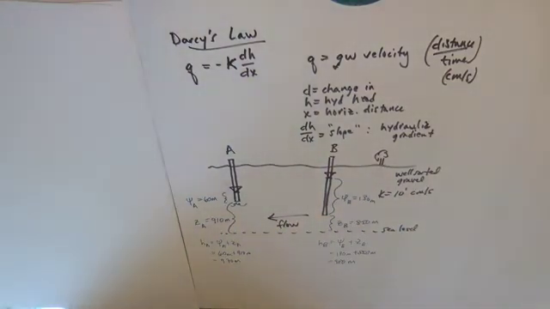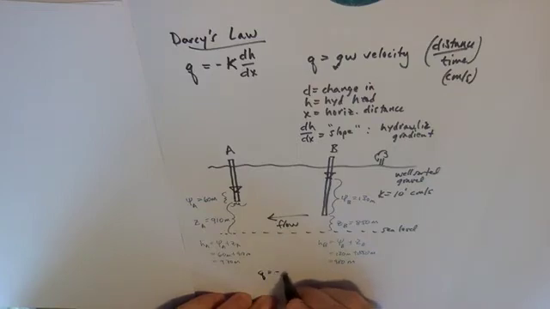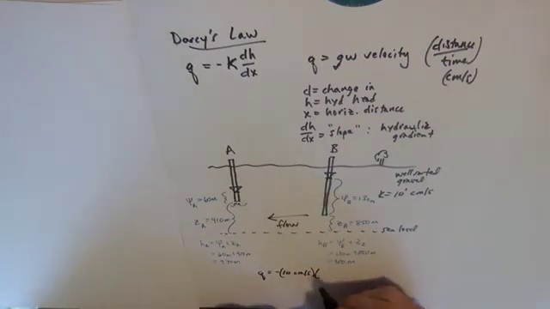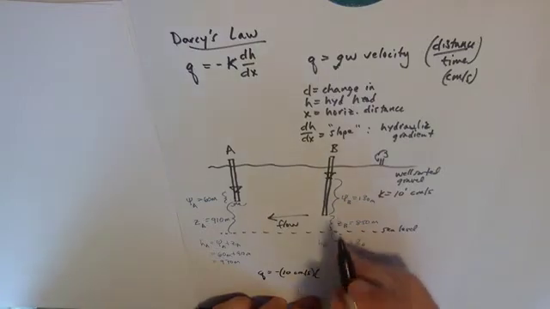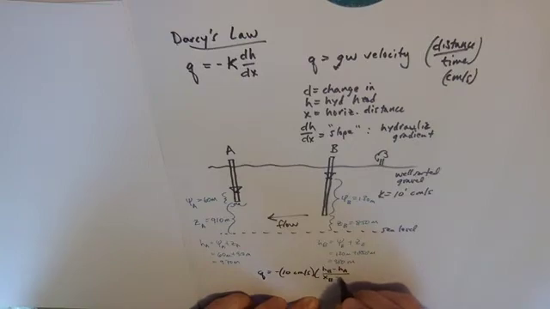So what we can do then is we can write Darcy's law as Q equals negative 10 to the first, which is just 10 centimeters per second, times the change in hydraulic head. We'll do B minus A, since it's flowing from B to A. So the H at B minus the H at A over the X at B minus the X at A. Okay.